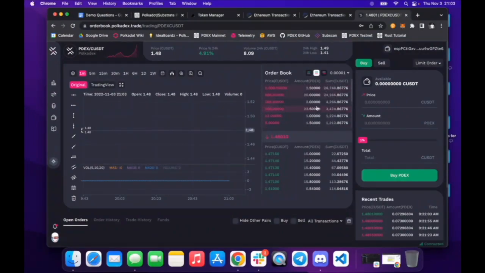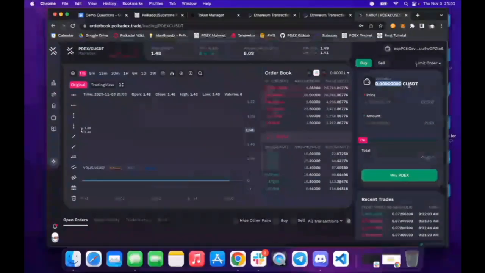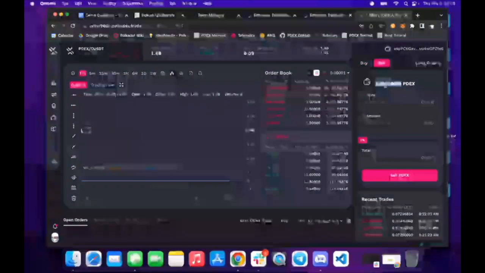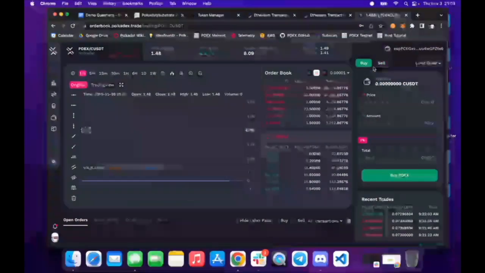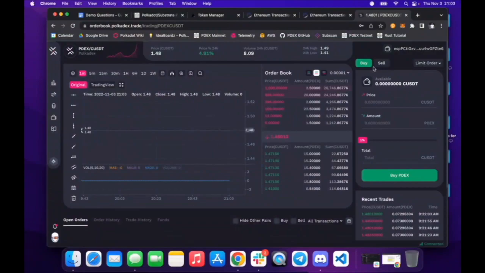So let's say now I do not have any available balance. You can see what your available balances are here. I do not have any CUSDT, but I have one PDEX. So let's say I want to sell my PDEX and purchase USDT for whatever USDT that I'm going to get for that amount.